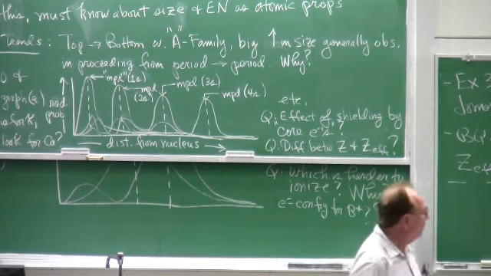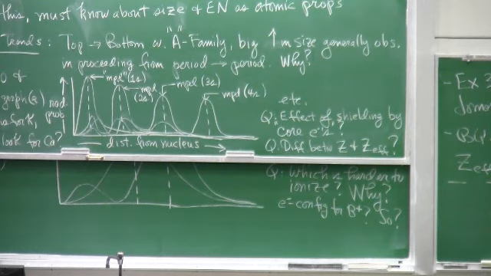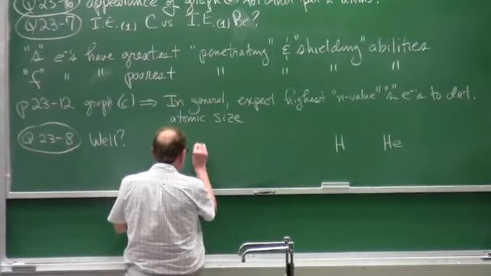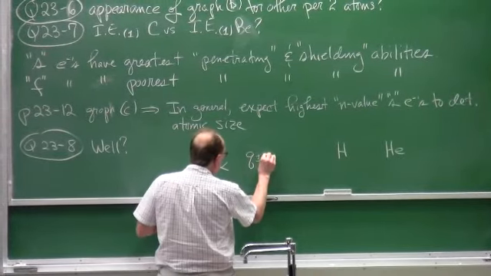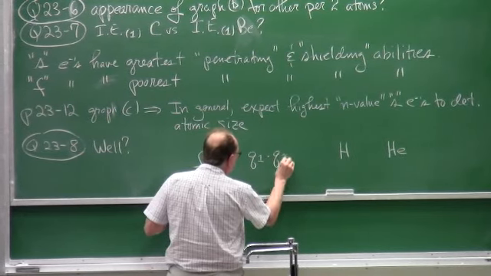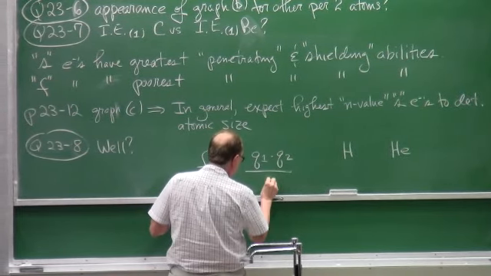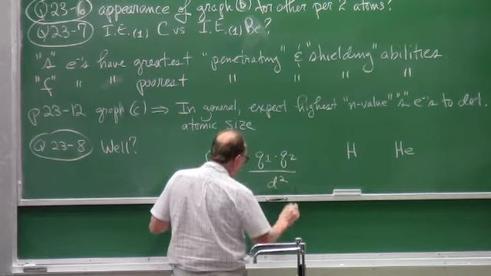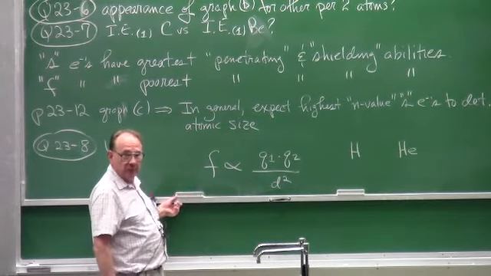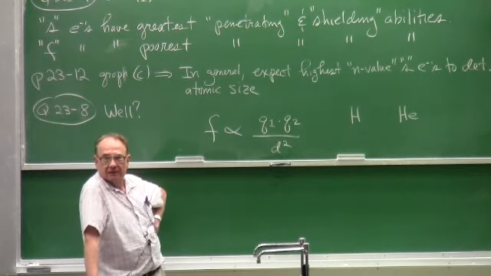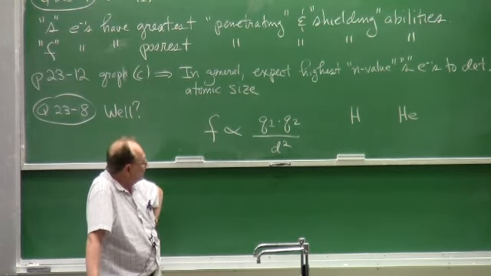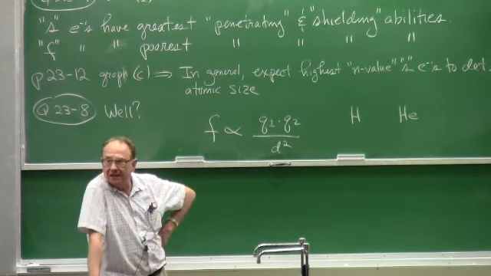You remember what Coulomb's law looks like? Written as a proportionality, that's Coulomb's law. I'm sure you've seen this. What I'm curious about is, what does this thing tell you?